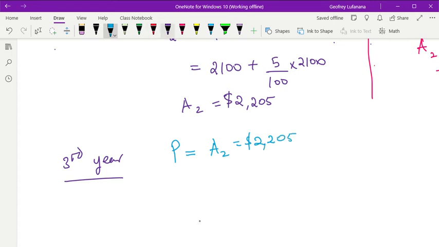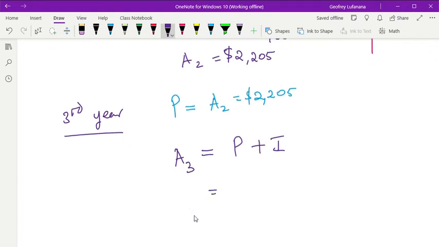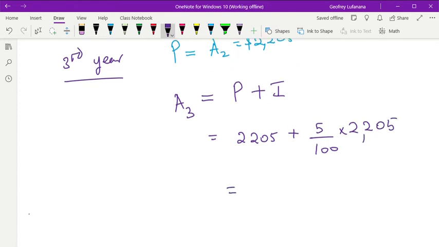So our amount at the end of the third year, A3, is going to be principal plus interest, and this would be A2, which is 2,205 plus 5% of 2,205.